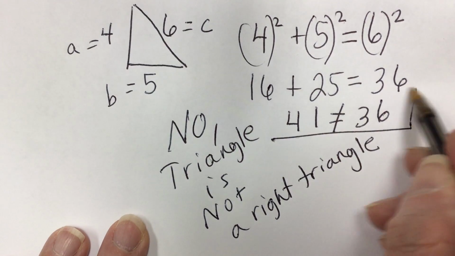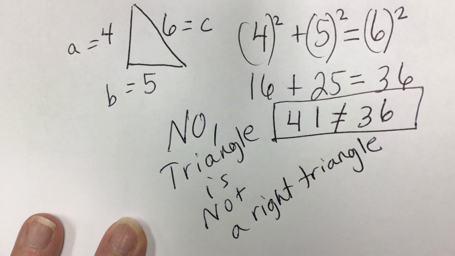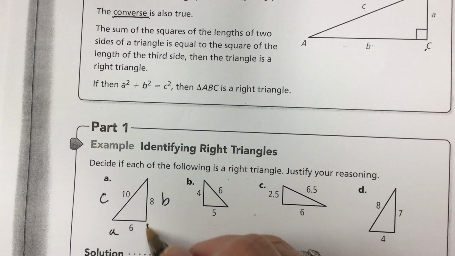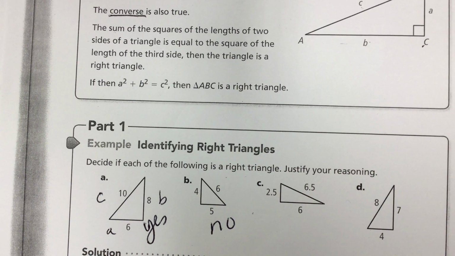If the two sides don't equal, then no, the triangle is not a right triangle. So the first one was yes, it was a right triangle, and B is no.